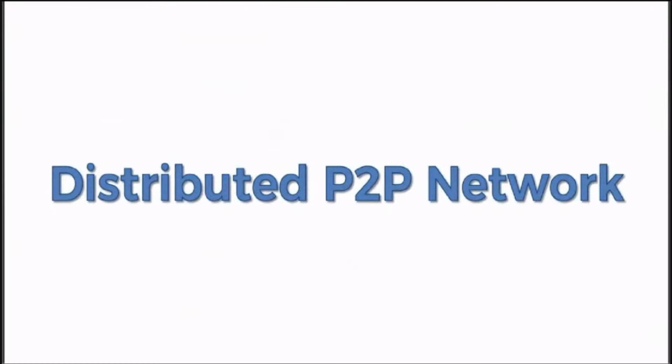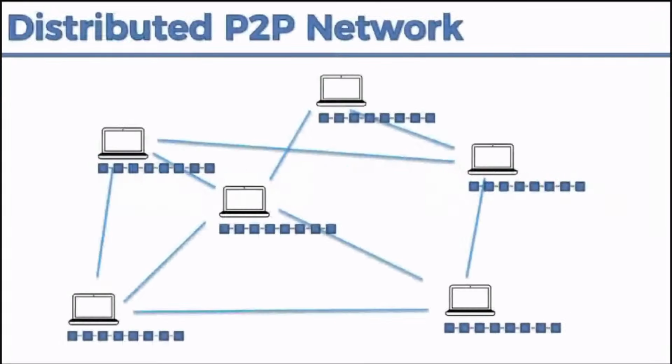The next very important feature of blockchain is the distributed peer-to-peer network. As I said, it is a decentralized network. In other terms, we can also call it a distributed peer-to-peer network. What's the meaning of distributed peer network? We don't have any centralized network. We have a network like this.